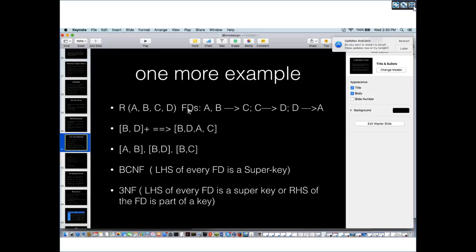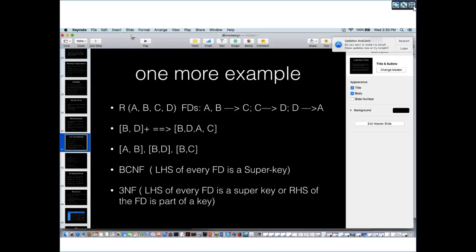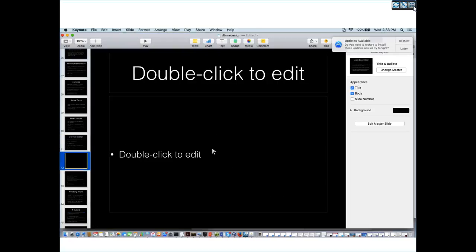Any further split of this to achieve BCNF will create problems. Okay? That is the idea of this.